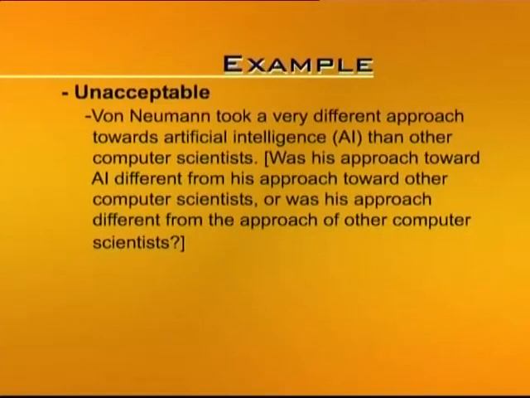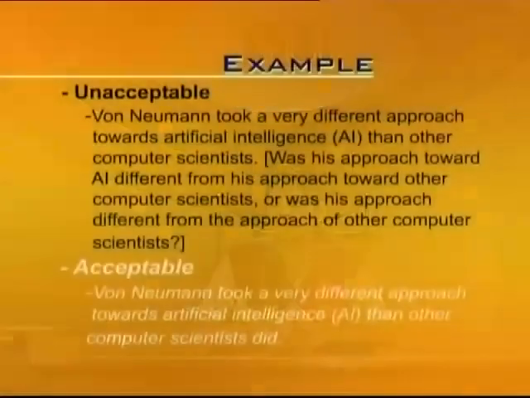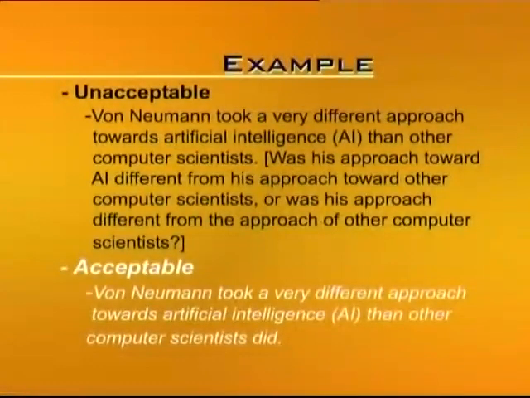Or are you trying to say that his approach was different from the approach of other computer scientists? आपने ये क्लैरिफाई करना है कि आप किस चीज़ के साथ कंपेयर कर रहे हैं. आप वॉन न्यूमन की अप्रोच जो है वो दूसरे कंप्यूटर साइंटिस्ट की तरफ जो है उससे कंपेयर कर रहे हैं, या उसकी अप्रोच को दूसरे कंप्यूटर साइंटिस्ट की अप्रोच से कंपेयर कर रहे हैं? The acceptable form would be von Neumann took a very different approach towards AI than other computer scientists did. ये पता चलेगा कि दूसरे कंप्यूटर साइंटिस्ट की अप्रोच से आप कंपेयर कर रहे हैं.